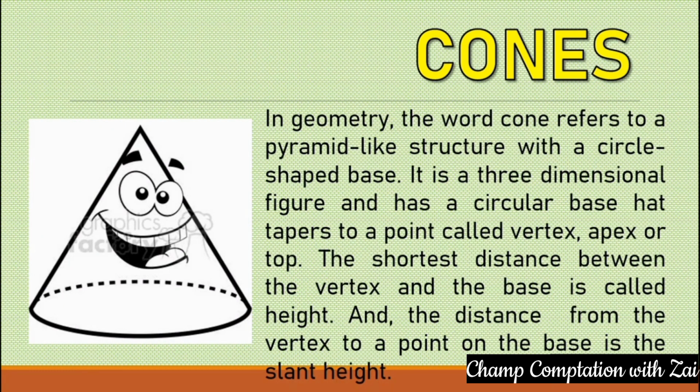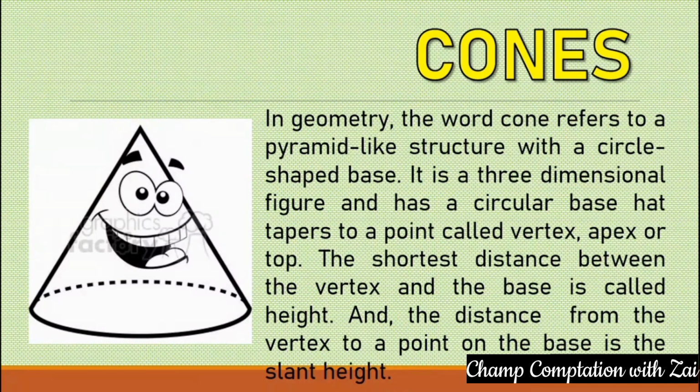It is a three-dimensional figure with a circular base that tapers to a point, the vertex or apex on top. The shortest distance between the vertex and the base is called the height, and the distance from the vertex to a point on the base edge is the slant height.